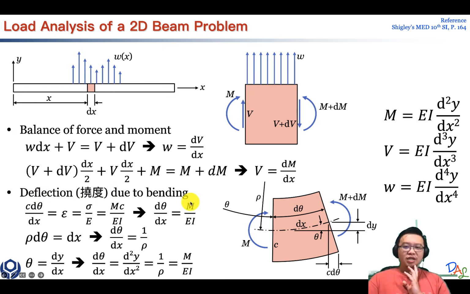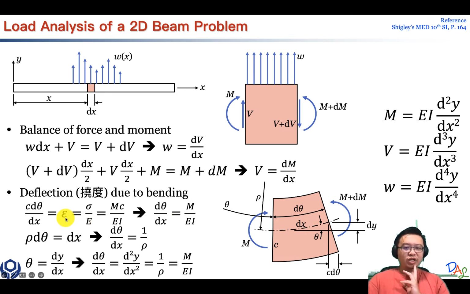What we are going to do right now is to estimate the dy of this material, and we will focus on some geometrical properties and also some equations that we learned in the past.